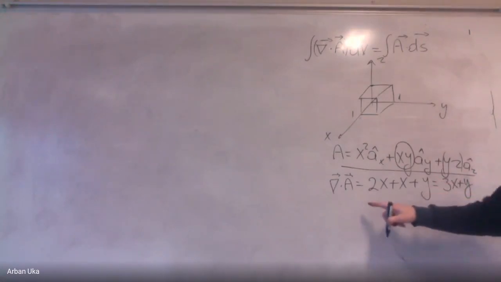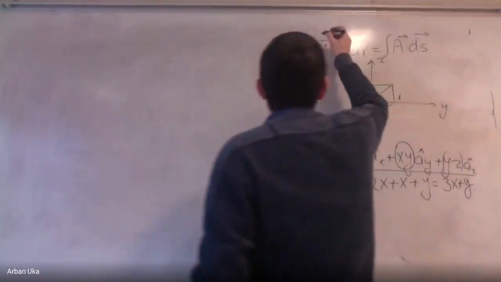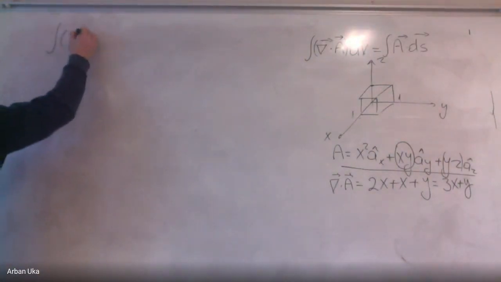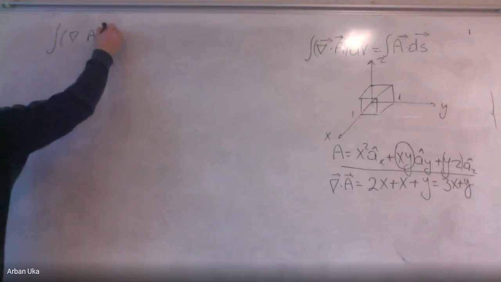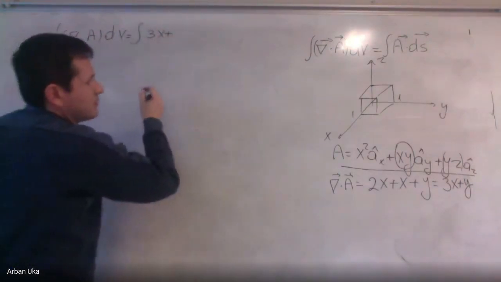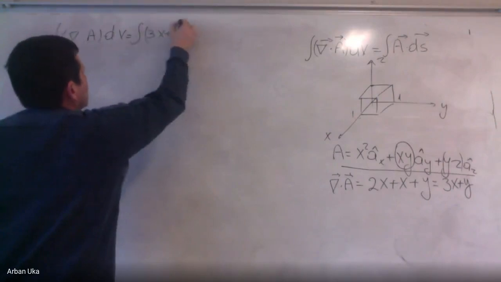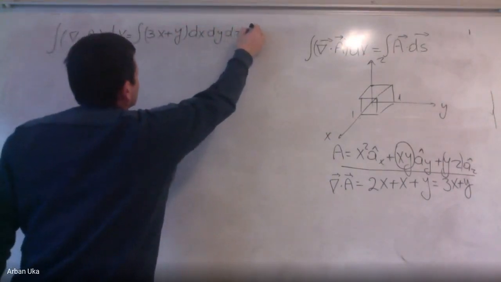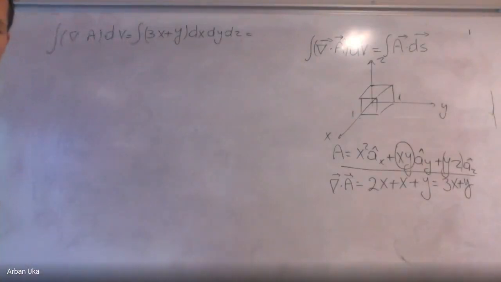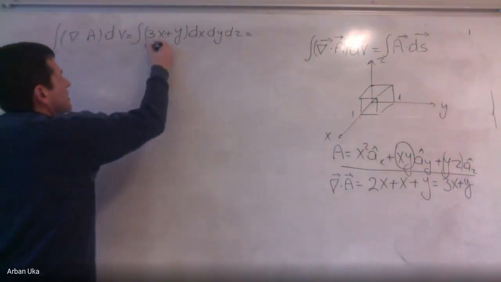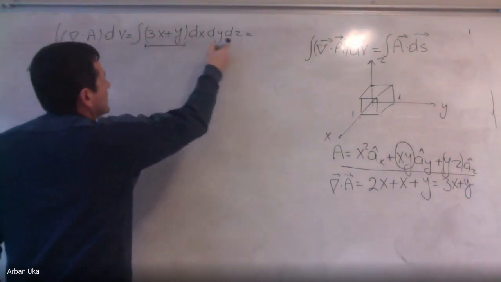So if this is 3x plus y, the divergence theorem states that the integral of divergence of A d volume is equal to 3x plus y, integrating this over dx, dy, dz, okay? So what is this integral? Let's try to find this one. And we notice that here we don't have z at all.